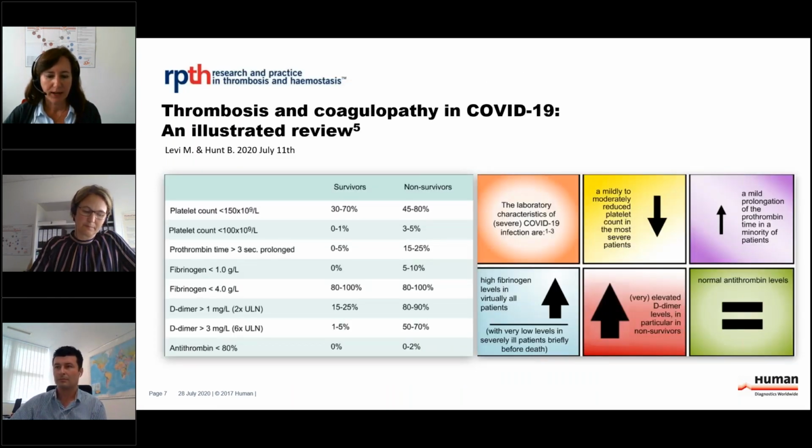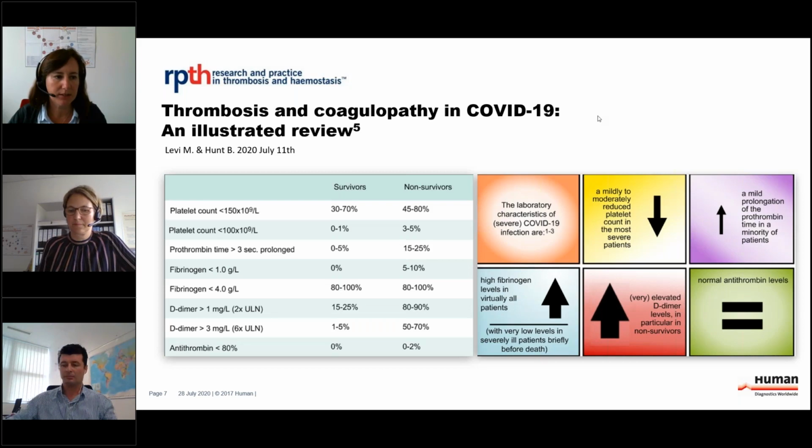And here you can also find a publication that shows in an illustrated review the current study reports that show the relevant parameters in COVID-19.